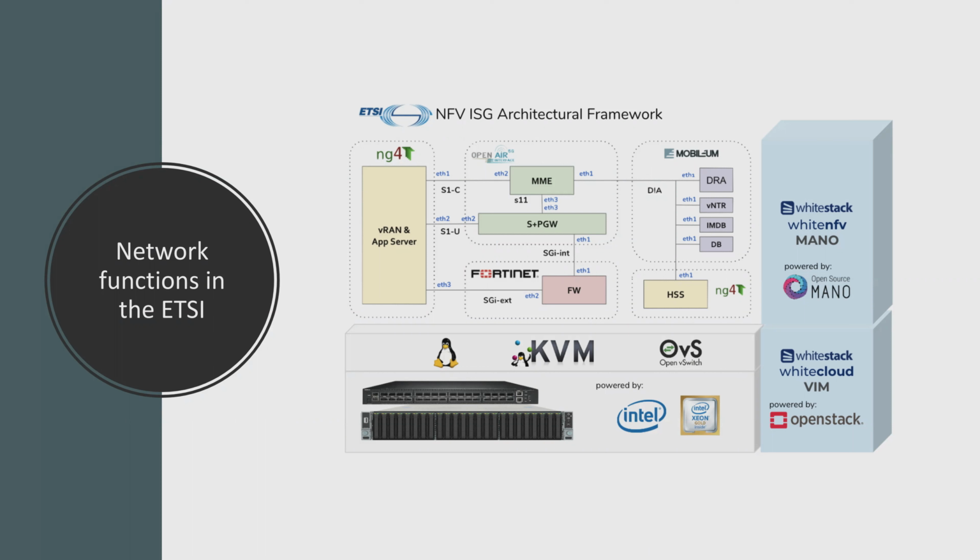If you recollect one of the initial slides, I spoke about the S gateway and P gateway, that is your service gateway or the packet gateway. There are some other VNFs here which are part of Mobilium, and you have the firewall from Fortinet, and you have HSS. This is one more subscriber VNF which is deployed on top of this.